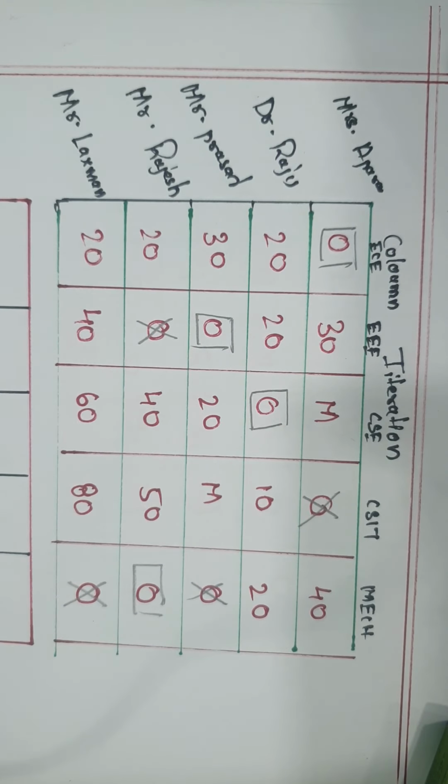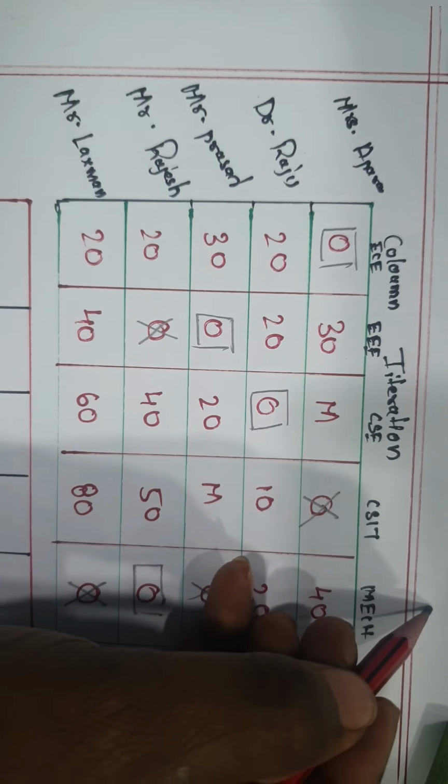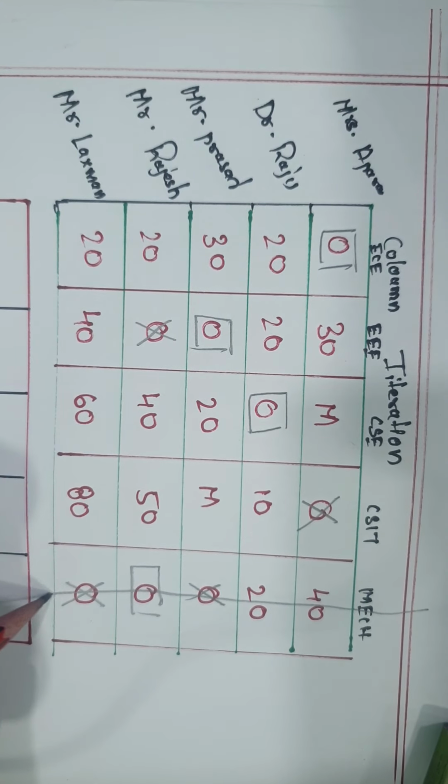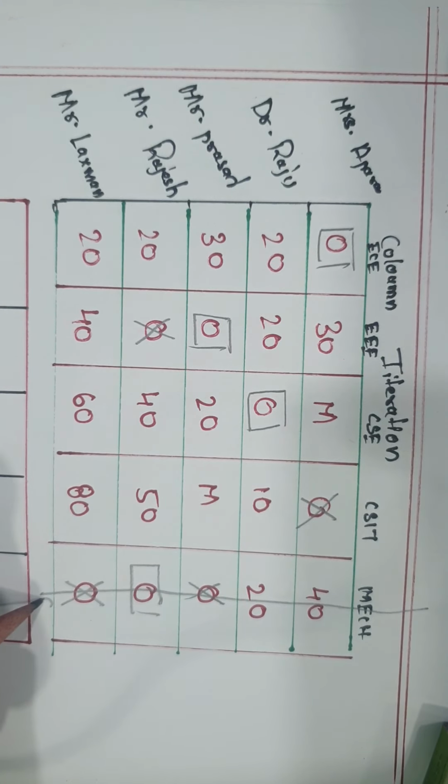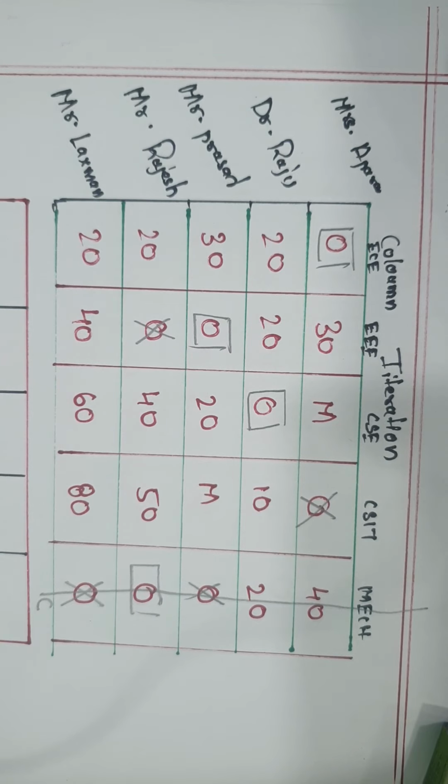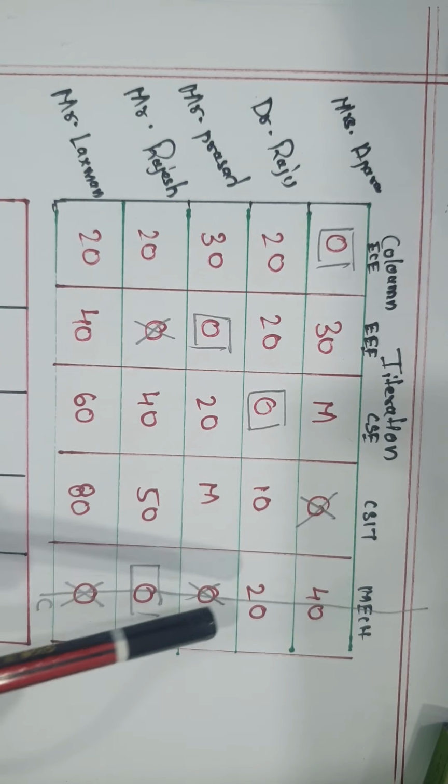So what you have to do, with the minimum number of lines, you have to cut the maximum 0. First you have to select the column. In this column, with the help of this vertical line, how many zeros do you cancel? 1, 2, 3.